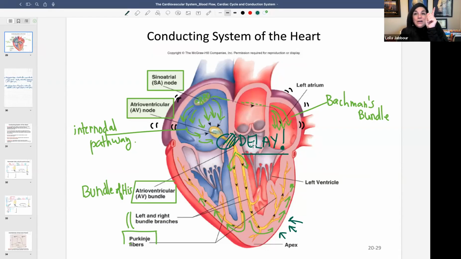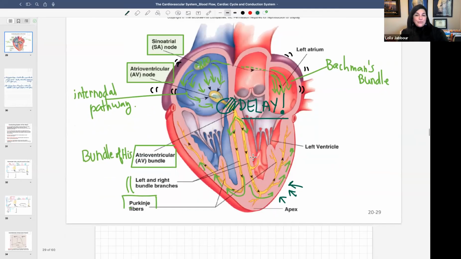Also, there are fewer gap junctions. So the propagation of the signal from cell to cell to cell is not going to happen as fast. And that helps create this delay, which we need.